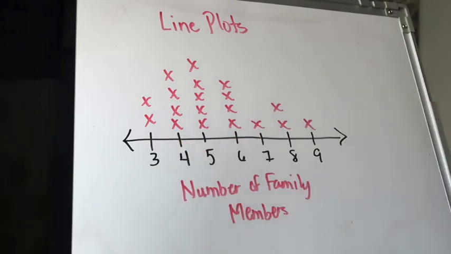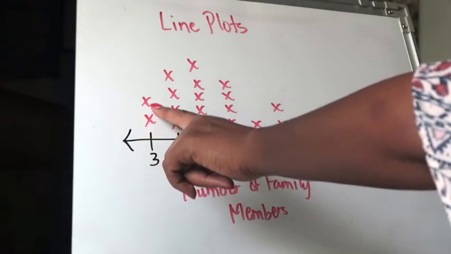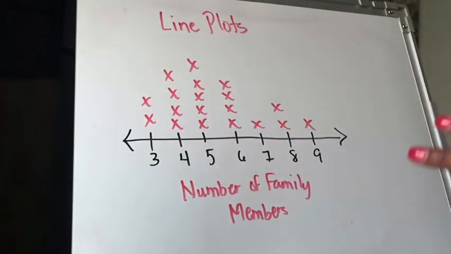So for example, if I want to ask myself, when I was collecting all my data, how many people did I meet that said they have 3 family members? I would look at the 3 and count the number of X's, 1, 2. So that means I met 2 people who said, I have 3 family members in my family.